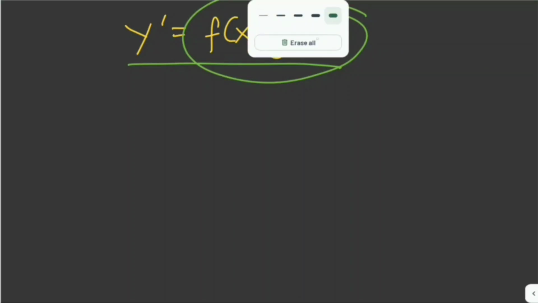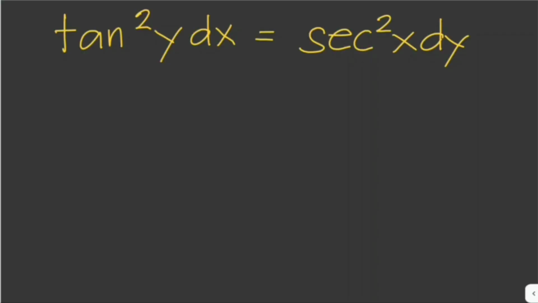So let's try solving some practice problems here. Let's say we're given tangent squared y dx equals secant squared x dy. Now to solve this, we group all terms containing x with dx, and all of the terms containing y with dy.